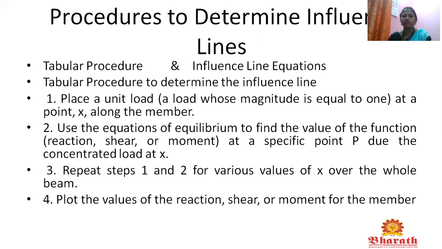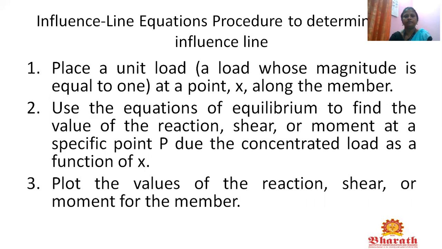Next, use the equation of equilibrium to find the value of the function, that is reaction, shear or moment, at a specified point P due to the concentrated load. Next, repeat steps 1 and 2 for various values of X along the whole beam. Fourth, plot the values of reaction, shear force and moment for the member.